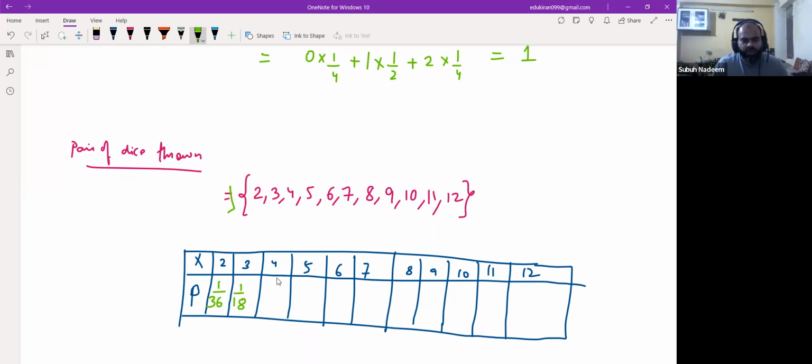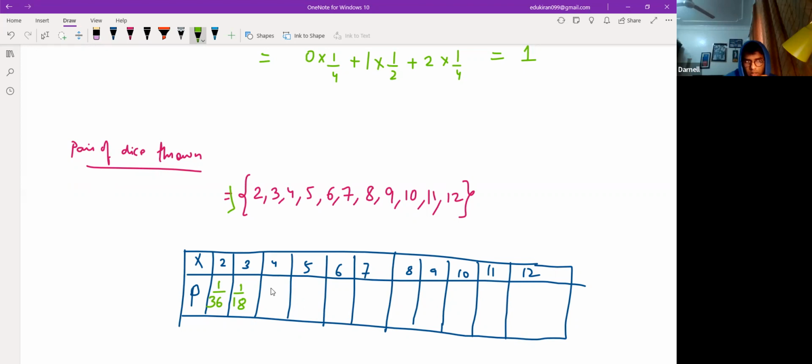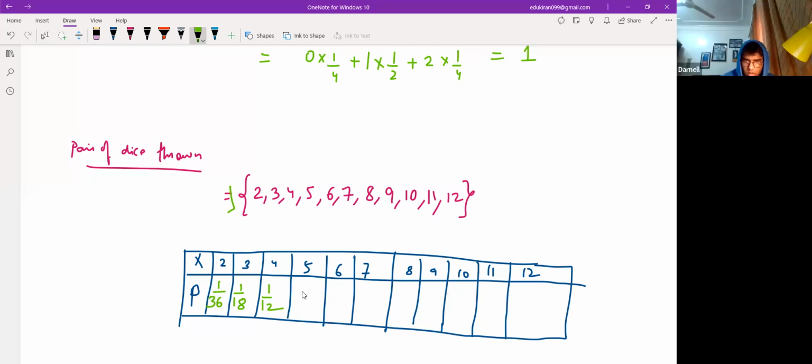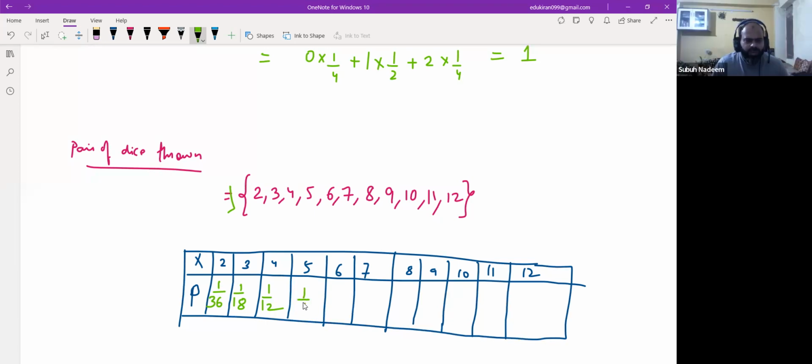How many ways can we get 4 as the sum? 1, 3, 3, 1, 2, 2. So 3 times. So this will become 3 by 36, that is 1 by 12. And what about 5? It will be 4 by 36, that is 1 by 9.